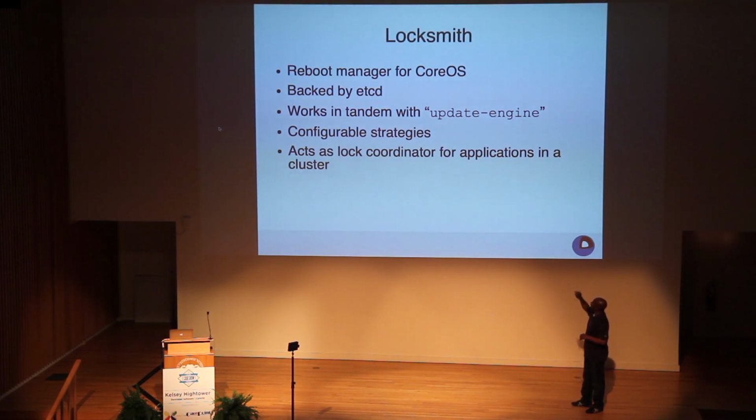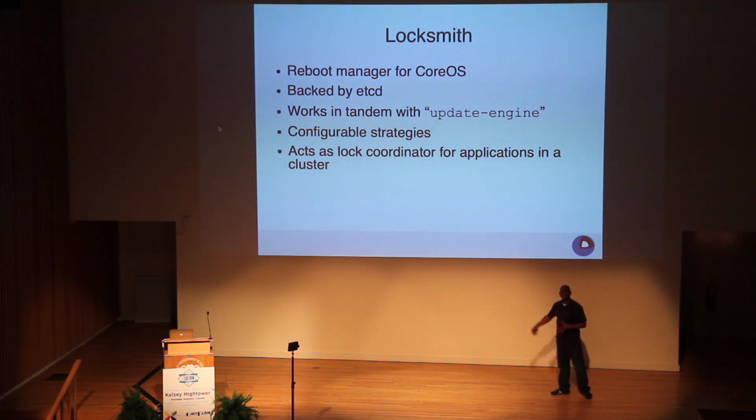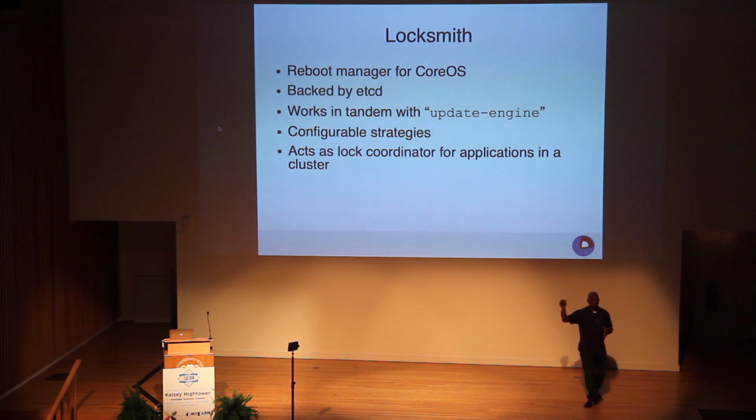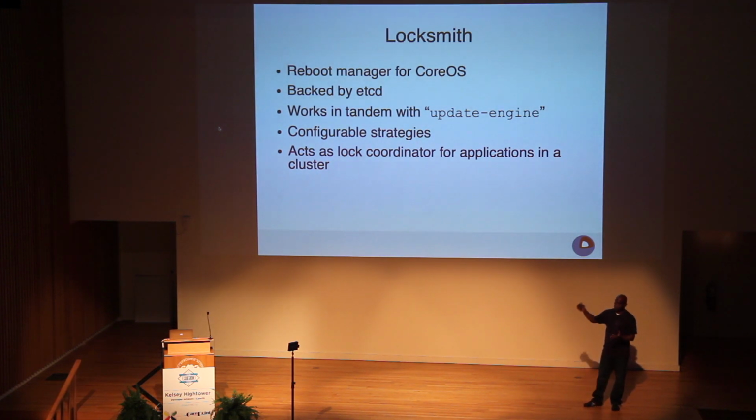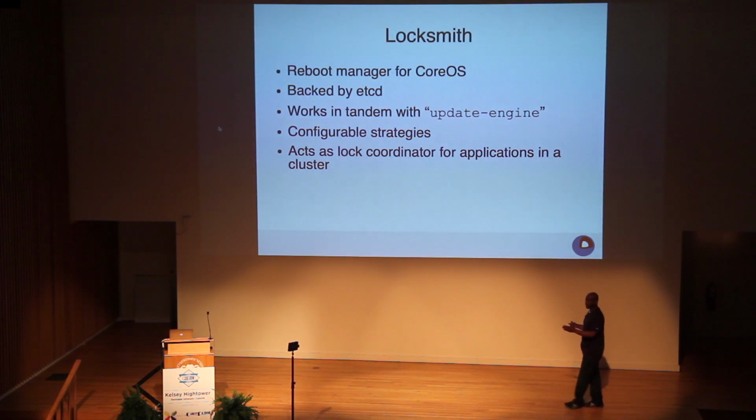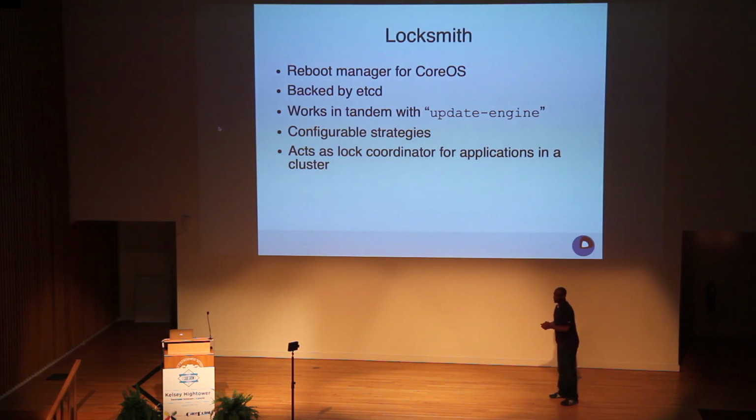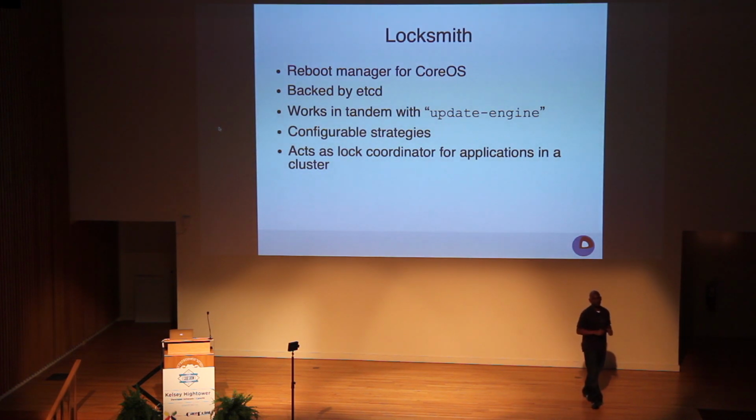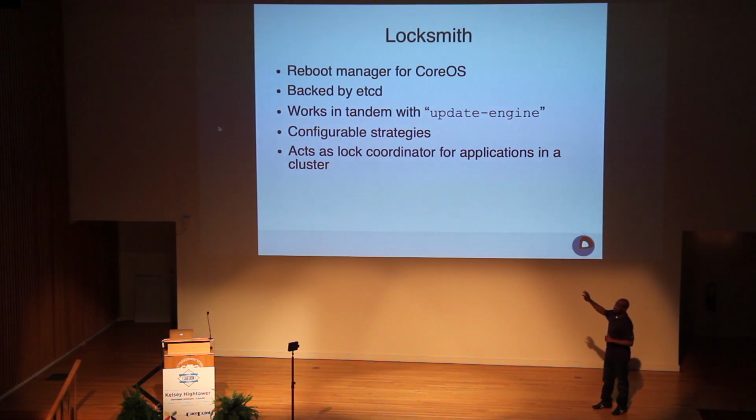It's backed by etcd, meaning each of the servers has an application called Update Engine on it. Update Engine runs in the background and checks for new versions of the operating system. When one is found, it's pulled down to the server, verified, and installed into the second partition. Once it's there, we can start to coordinate who should reboot first.